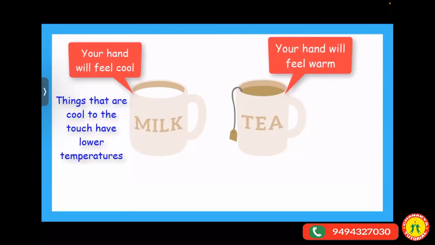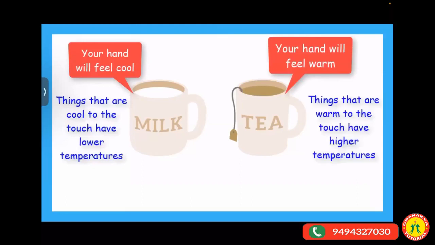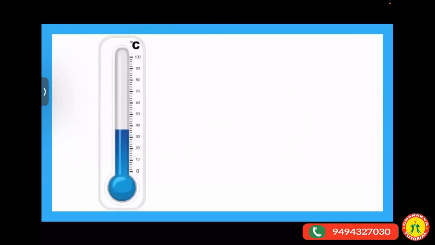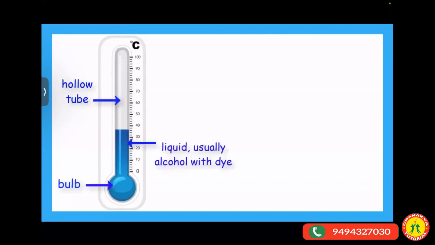Things that are cool to the touch have a lower temperature or less energy, and things that are warm to the touch have a higher temperature and more energy. Now, if we want a more precise measurement of temperature, we can use a thermometer. Thermometers are usually made of glass and have a hollow tube. At the bottom of the tube, there is a bulb. The bulb holds liquid, normally an alcohol. There are numbers that go up the side of the thermometer.